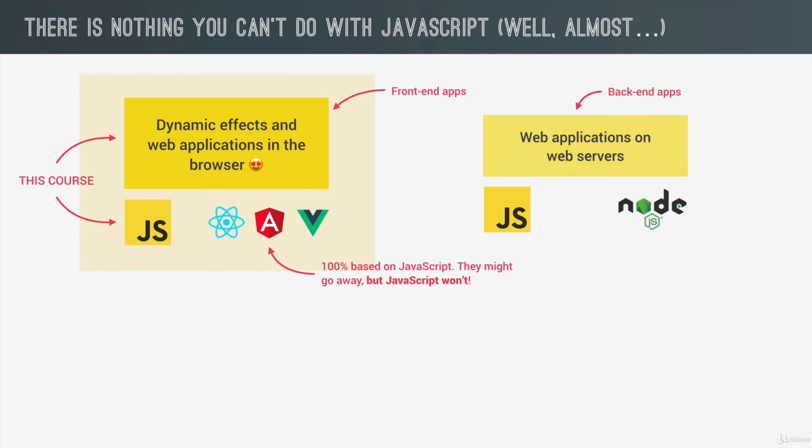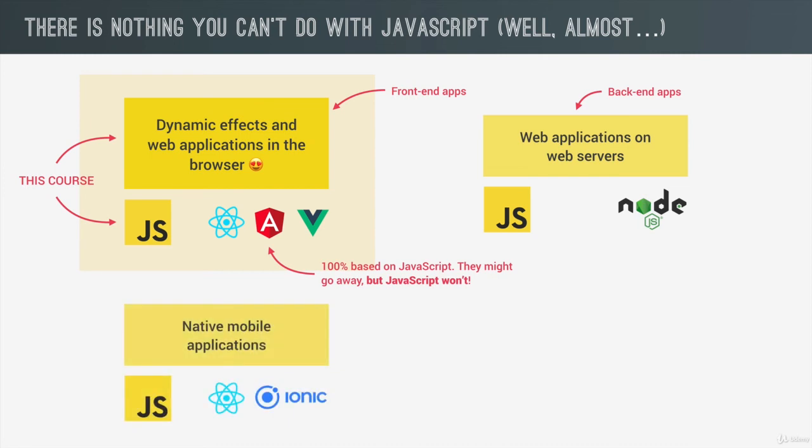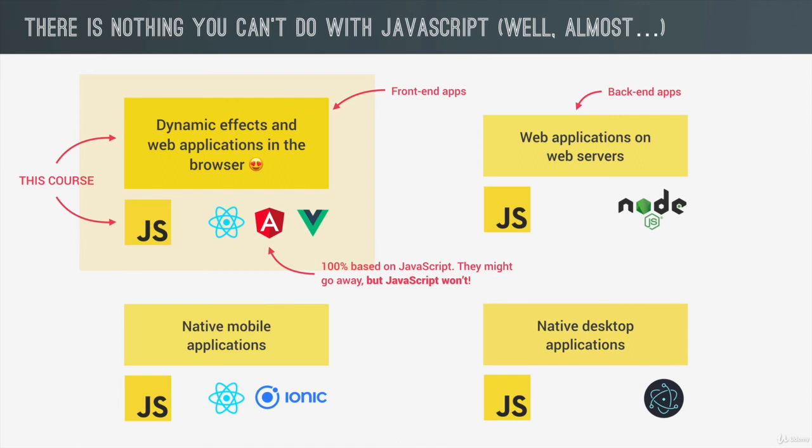All right, and now just to finish, I want to mention that we can actually also use JavaScript to build kind of native mobile applications, as well as native desktop applications for any phone and computer operating system out there. That's because of modern tools like React Native, the Ionic framework, and tools like Electron.